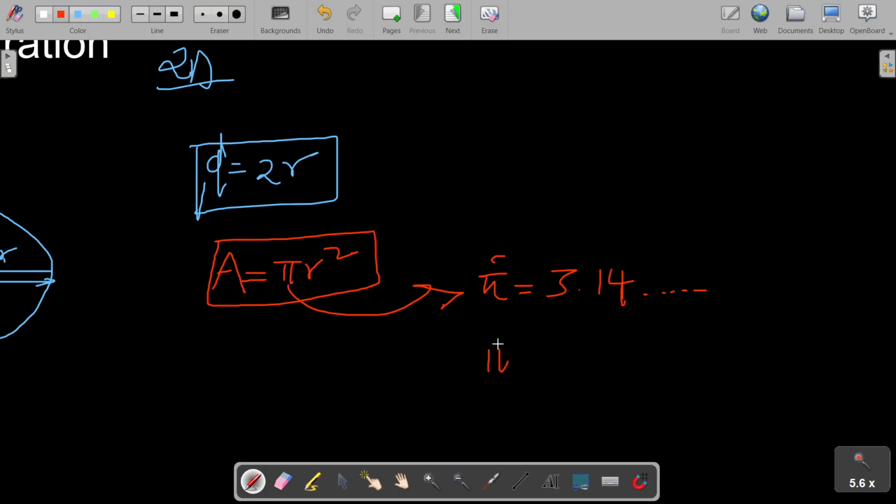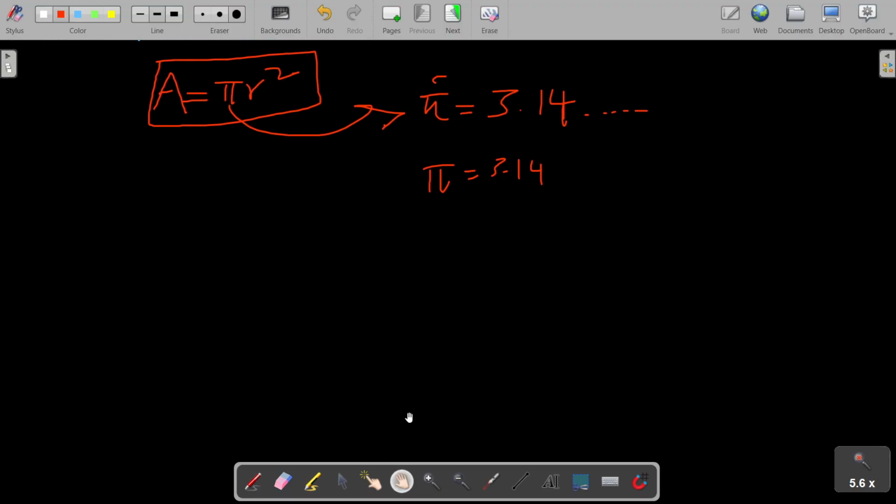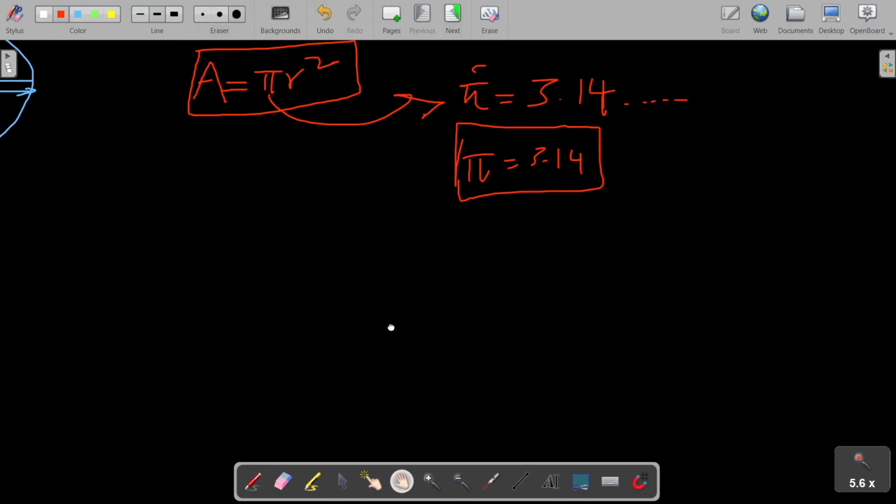So for calculation purposes in real life, we round off this number and we simply use 3.14, which gives accurate calculation, accurate with precision. Not a perfect answer, but the error is negligible.